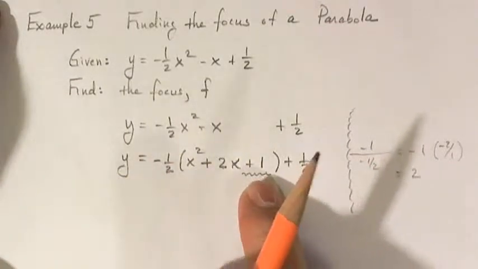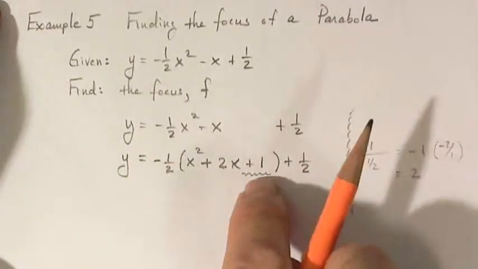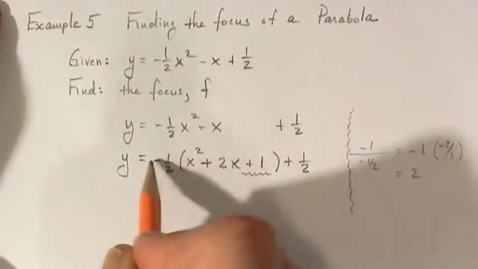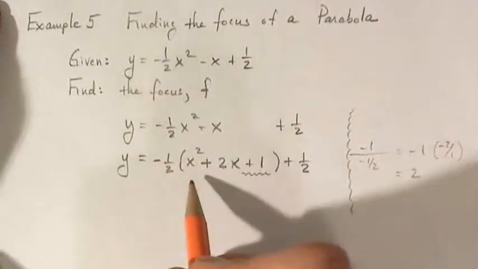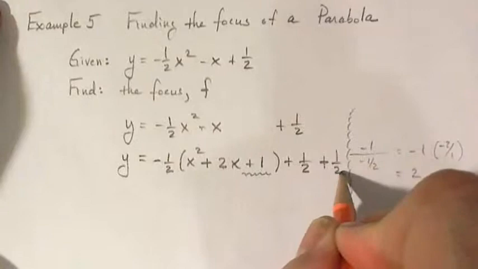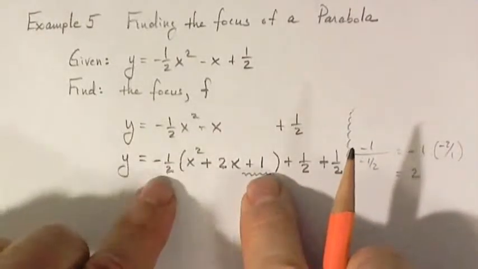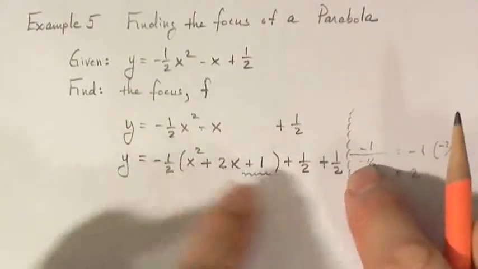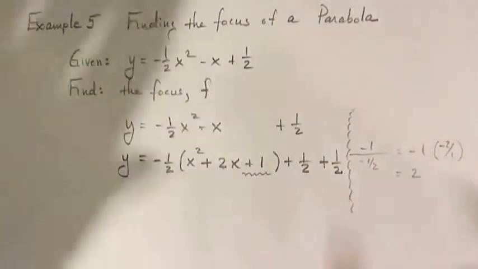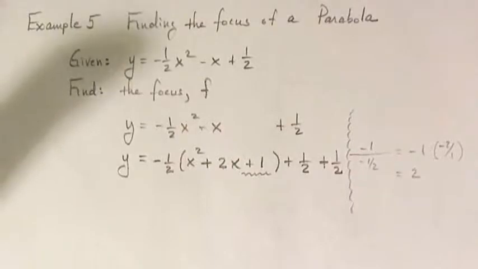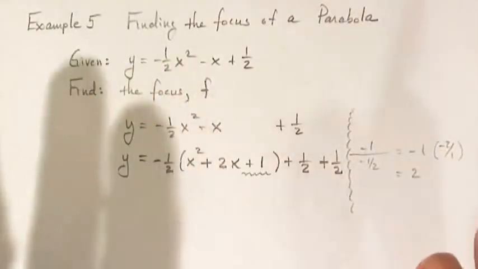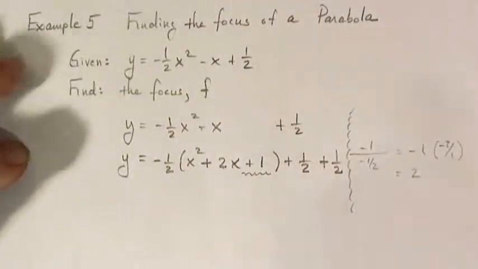Another way is to put a number here that cancels out what I did with this one. So 1 times negative 1/2 is negative 1/2. If I add 1/2, then this negative 1/2 and this 1/2 will cancel, and it's as if I had not done this at all. Well, actually I have, but it's changing the form. I just don't want to change the balance of the equation.